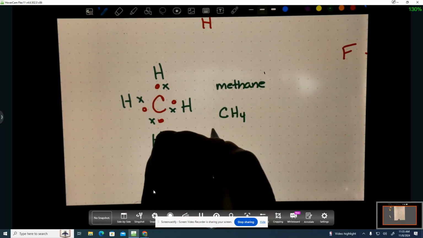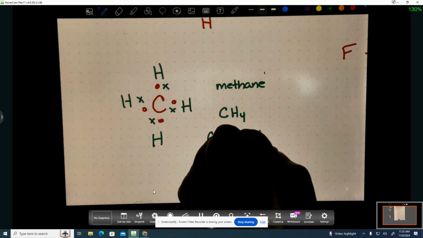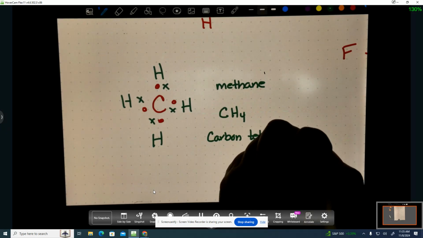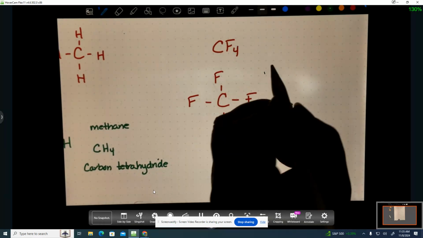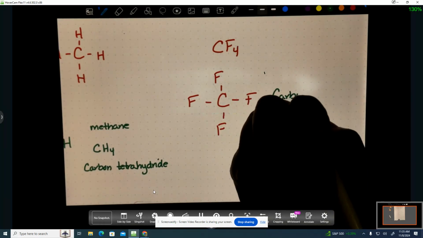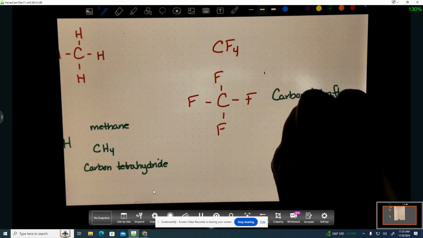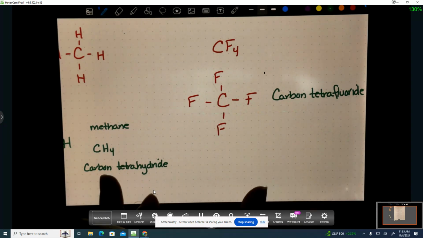The name of this would be carbon tetra for 4 hydride. Carbon tetrahydride. And this one would be carbon tetrafluoride, because you've got 4 fluorines around 1 carbon.